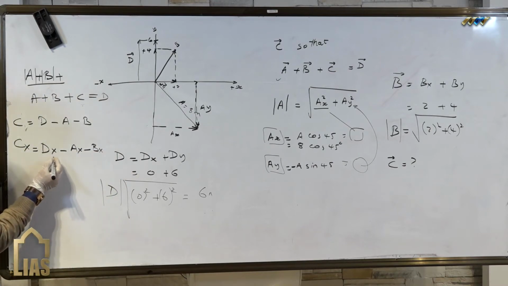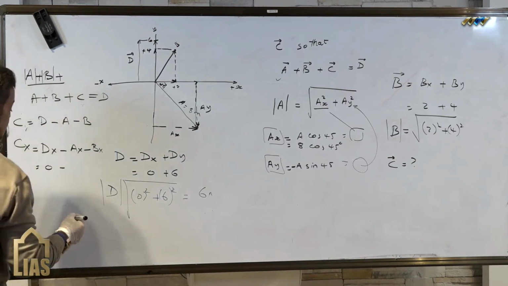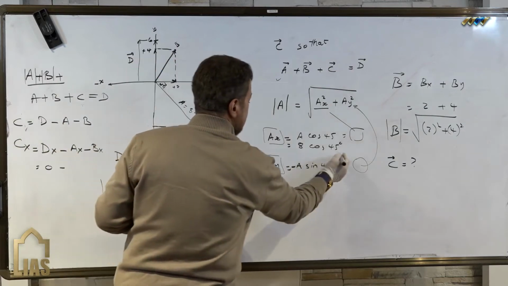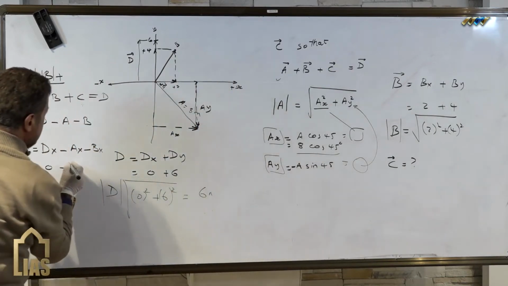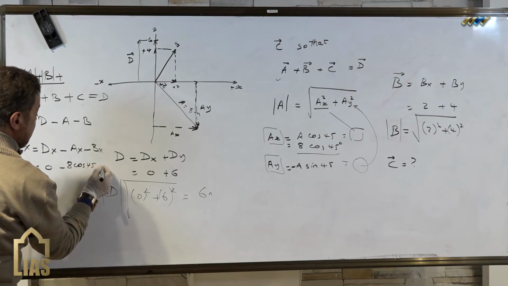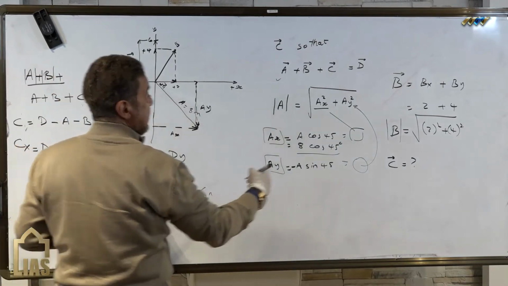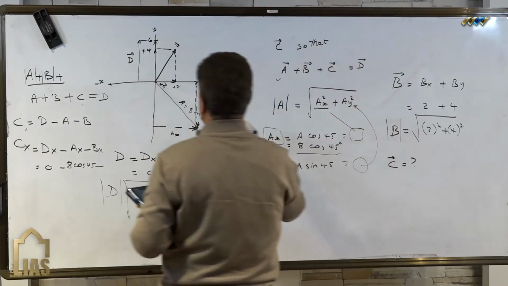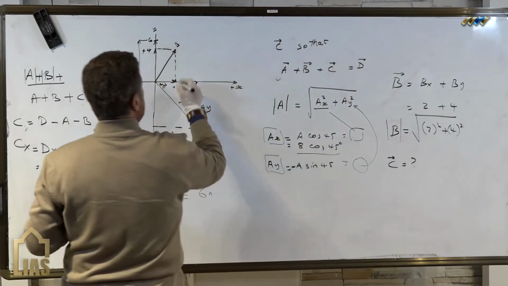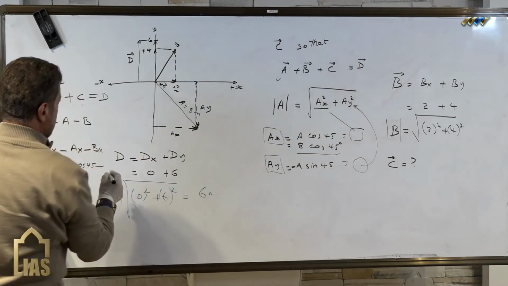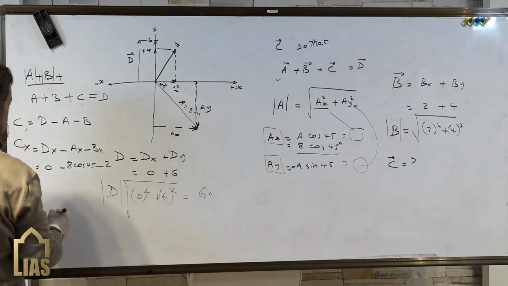And we have here dx is 0 minus ax is 8 cosine 45 minus bx. Okay, bx is 2.